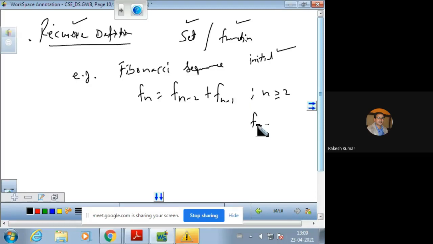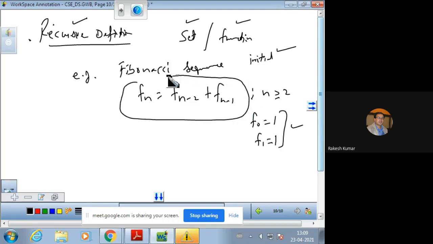And the initial conditions are defined here: F0 is 1 and F1 is 1. So these are the initial values, and for producing a new sequence of elements, the best example of a recursive definition is the Fibonacci sequence.